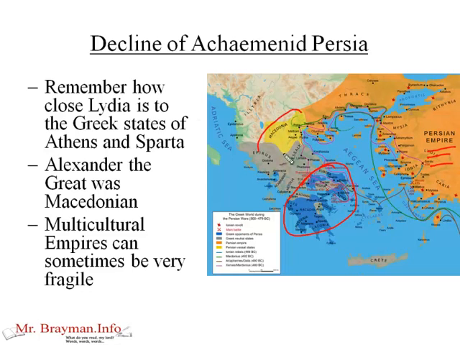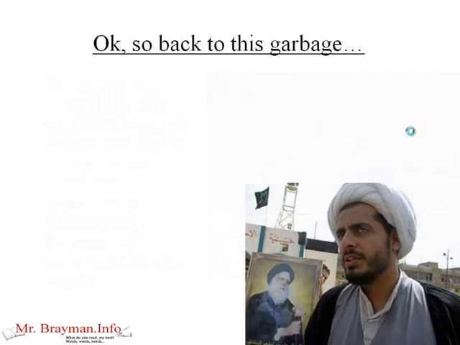He's a Macedonian from up here, and so he's going to be part of why the Persian Empire fell. But we also have to remember that multicultural states can sometimes be very fragile. The Persians ruled many, many different ethnic groups. And once Alexander the Great starts coming through and rampaging through the empire, it's very easy for those ethnic groups and those original kingdoms to start breaking off very quickly.